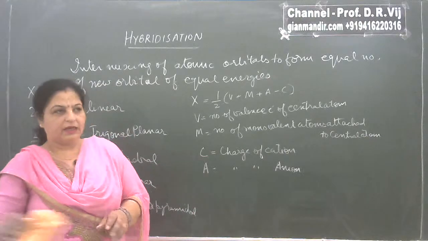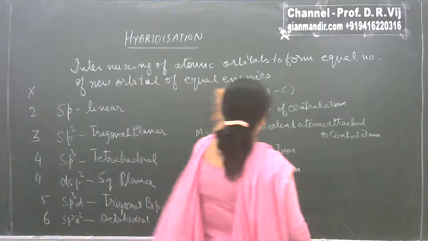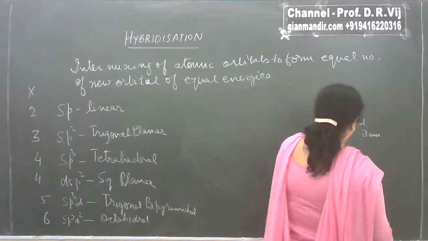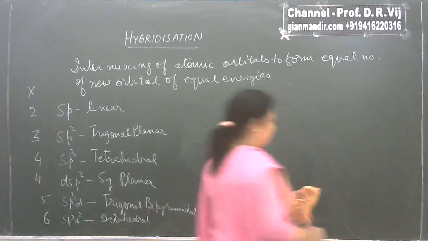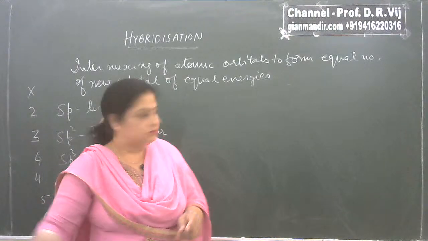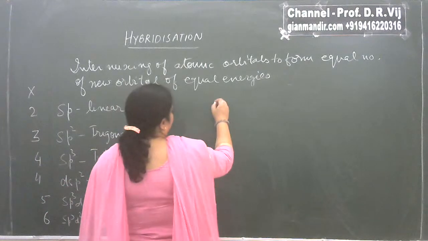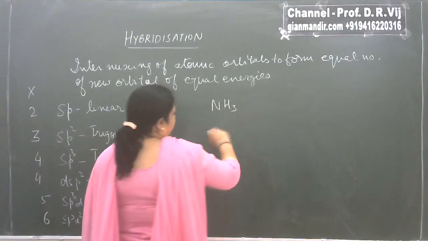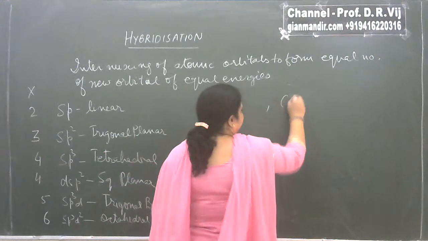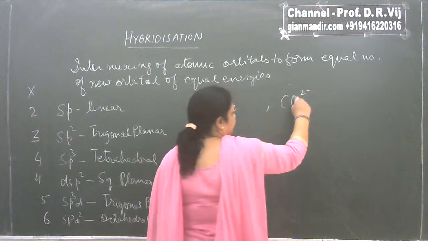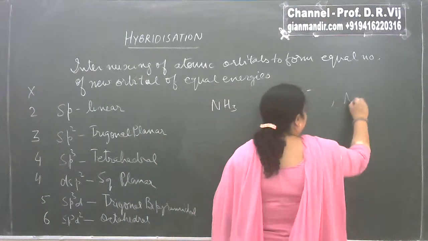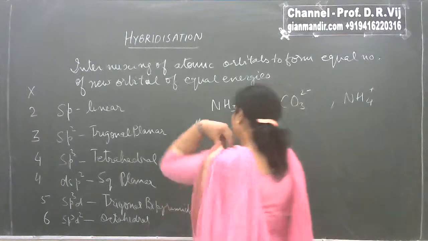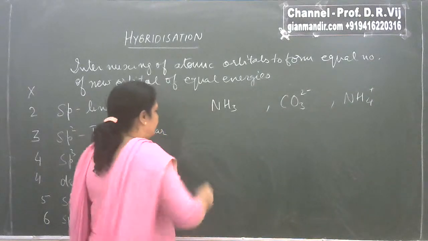Here you can take an example to understand the use of this formula. Say we have to find out the hybridization in molecules like ammonia, and we will take one more example of carbonate ion, and an example of ammonium ion. Let's start with ammonia.